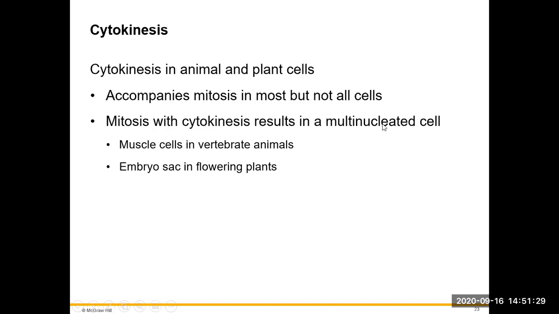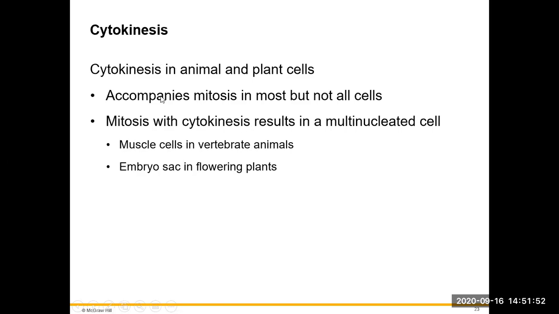So there is a mistake on your slide because mitosis with cytokinesis doesn't result in a multinucleated cell. A multinucleated cell is one cell that has a lot of nuclei. That happens only when there is mitosis, but there is no cytokinesis. So mitosis without cytokinesis results in a multinucleated cell. I want you to remember this.